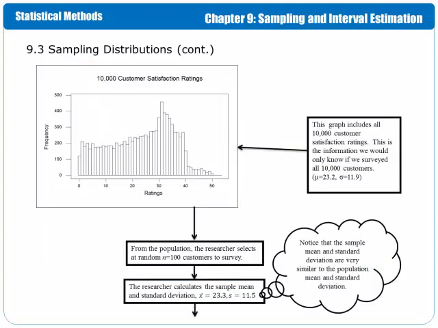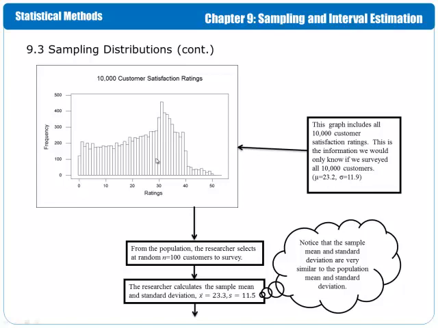Consider this group of 10,000 customer satisfaction ratings. That is our population. We would only know this information if we surveyed all 10,000 customers. Now here we're going to assume that we have the information on those customers and that the mean is 23.2 and the standard deviation is 11.9.